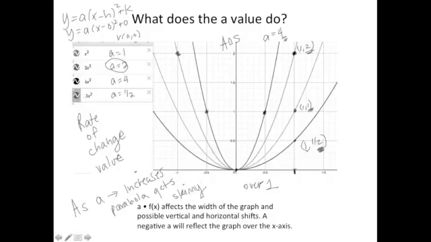So the bigger the A, the skinnier the parabola, and the smaller the A, the wider the parabola.